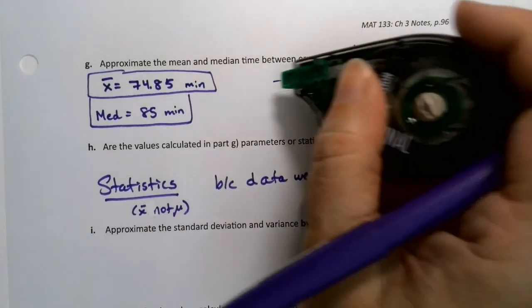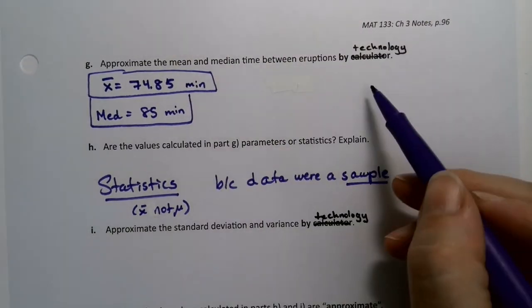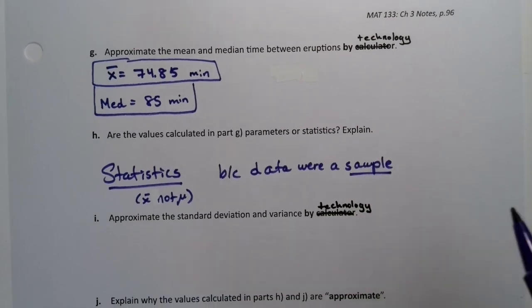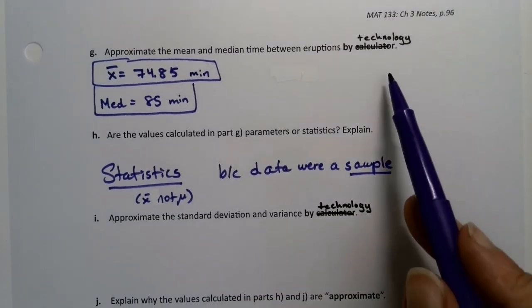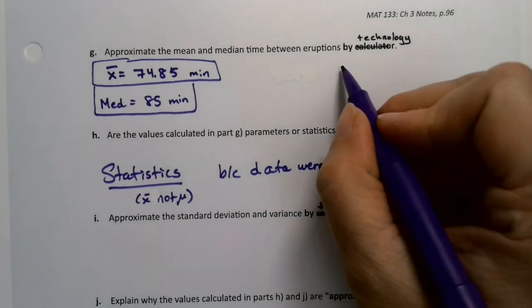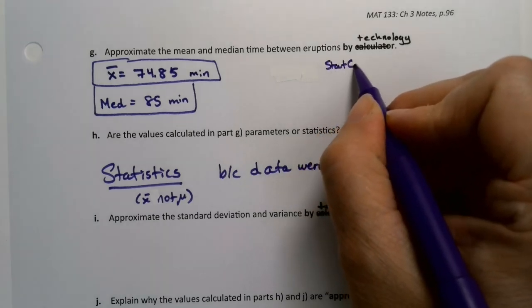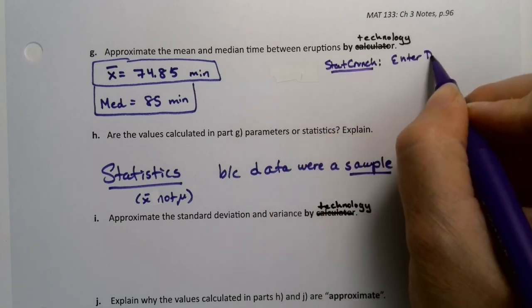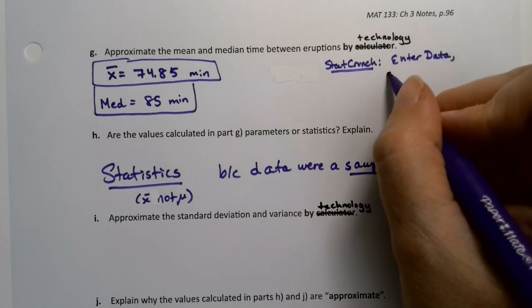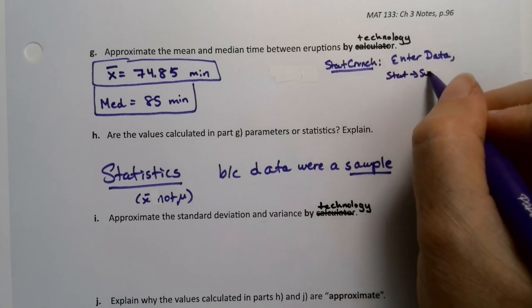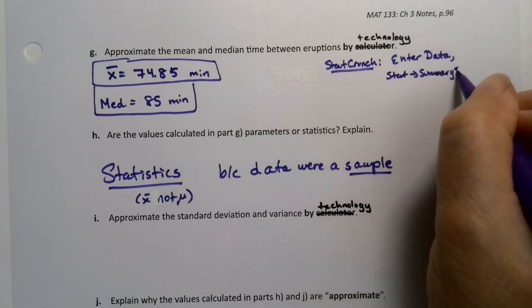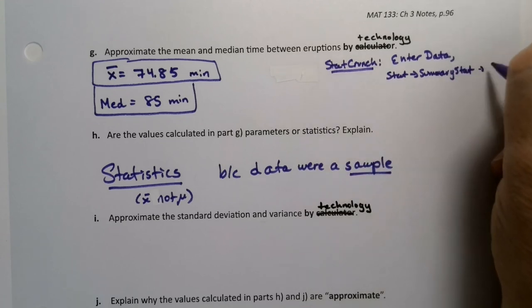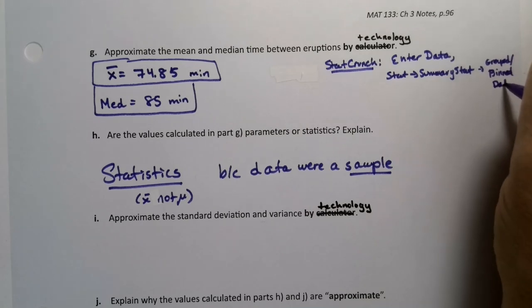If we want to make notes for ourselves about how we came up with the values through StatCrunch or through the calculator, that's where you would write that, right? So in StatCrunch, for example, we entered the data, and then you use stat, then you go to summary stat, and you choose grouped or binned data, and away you go, right?